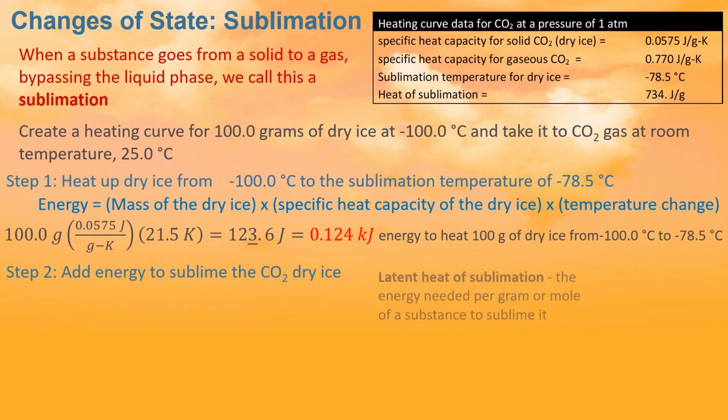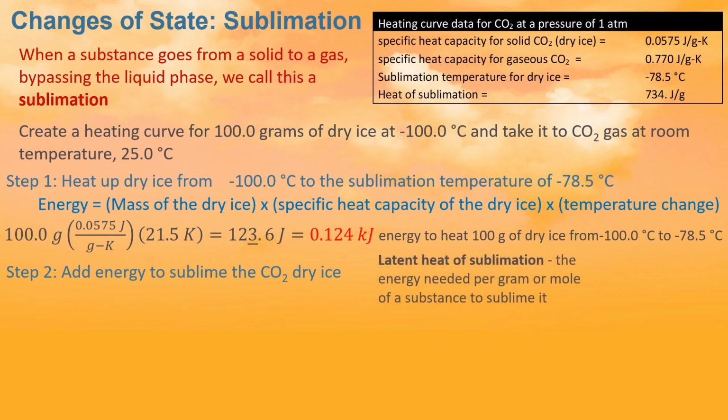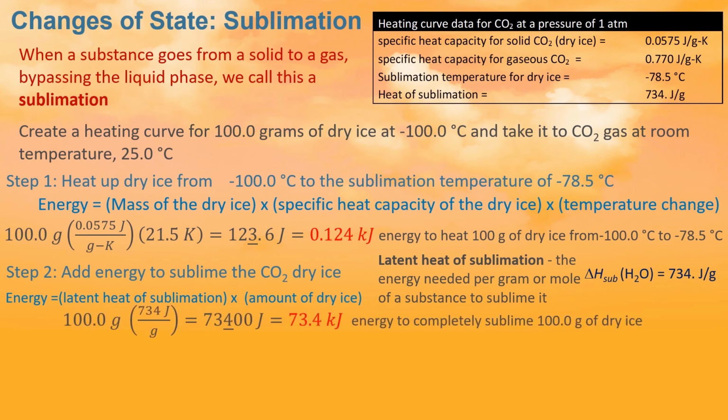The latent heat of sublimation is the energy per gram or mole of a substance required to sublime it. For dry ice, the latent heat of sublimation is 734 joules per gram, which we multiply by 100 grams of CO2, giving us 73,400 joules, or 73.4 kilojoules needed to sublime the 100 grams of dry ice.